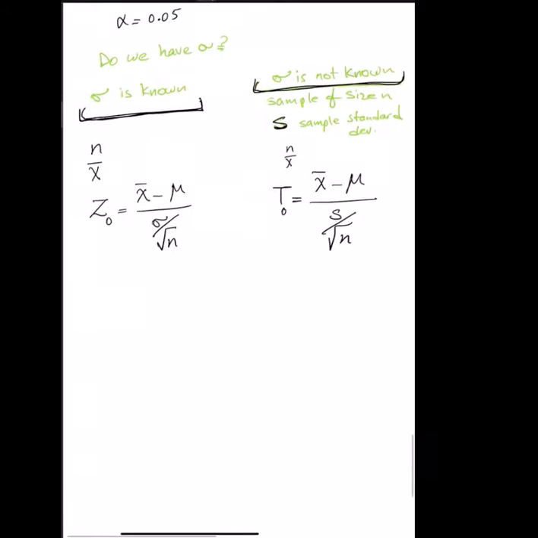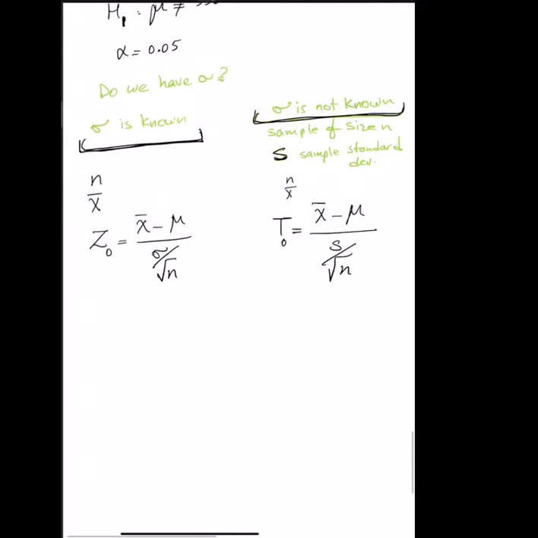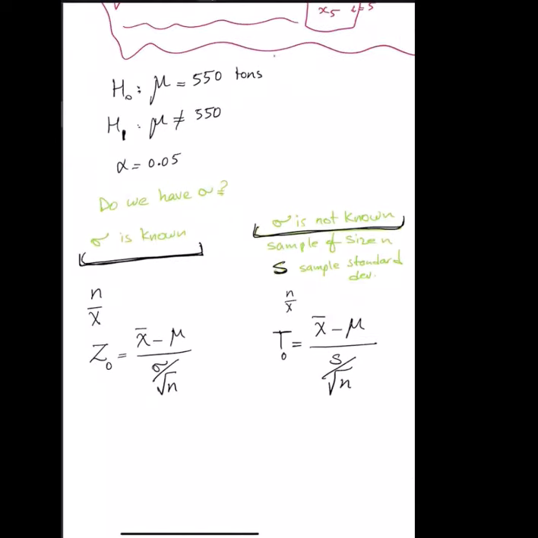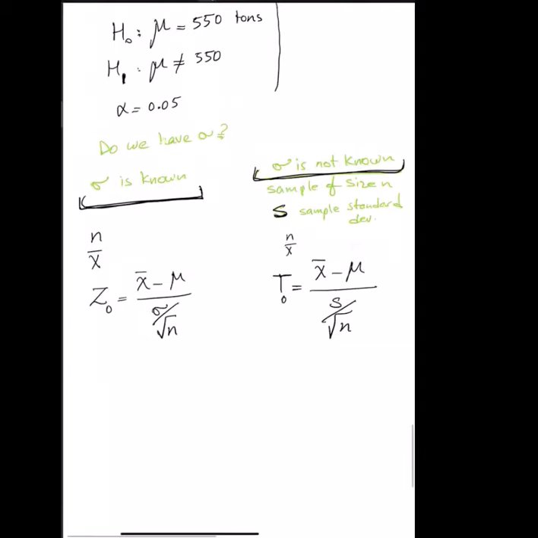Sorry, can you repeat why we're taking the T0 here? Why do we need the T0? To perform the test, we have to find the test statistics first and then compare that with the critical value, right? There are different ways to do a test.